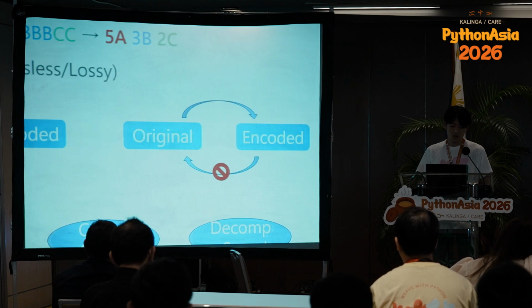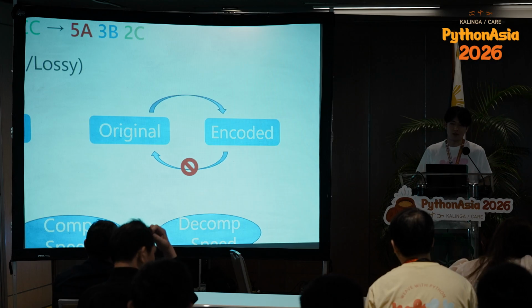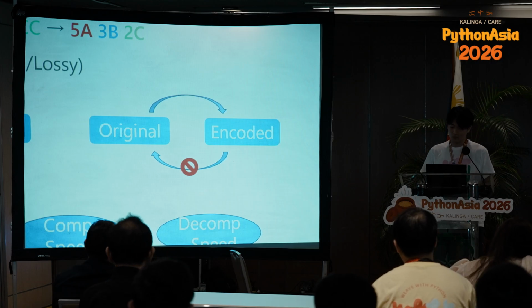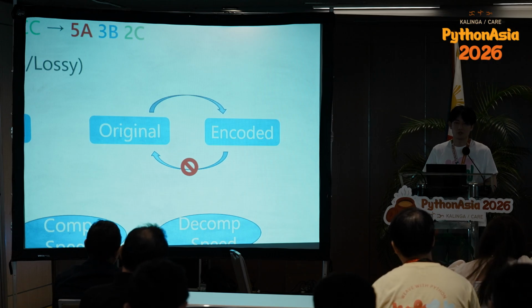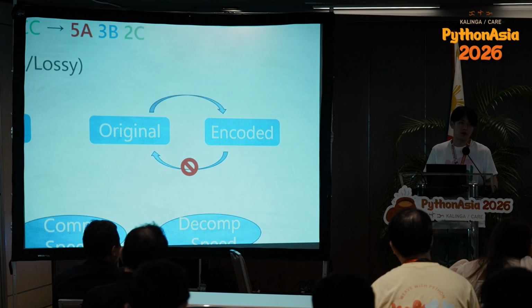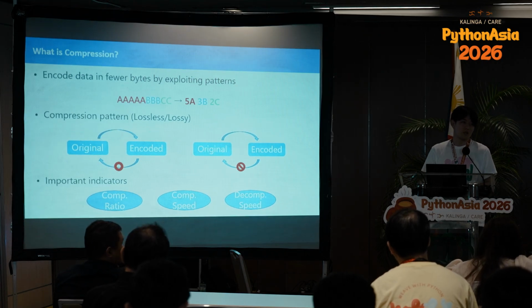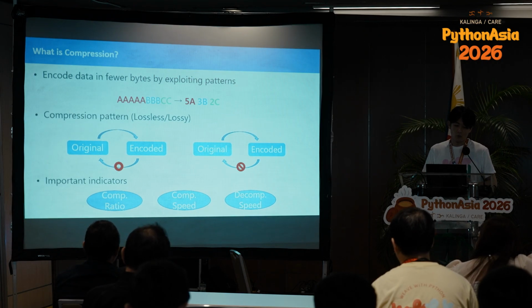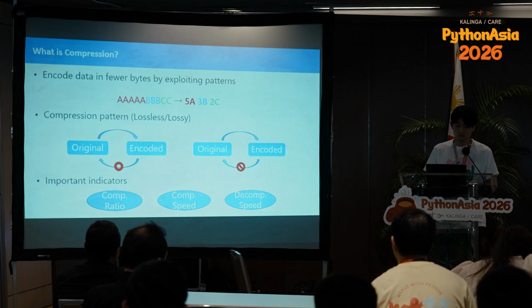On the other hand, lossy compression loses some data when you compress, so you cannot recover the original data. In this presentation, we focus on Zstandard, which uses lossless compression.